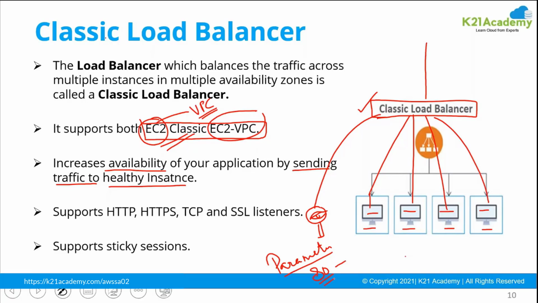If port number 80 is responding properly, that means my server is up and running and keep sending the traffic. If my application is running on port number 80, then I will say to check it for the port number 80. So if that particular port number on this server is responding properly, that means my server is up and running. So it will keep sending the request to the healthy servers.